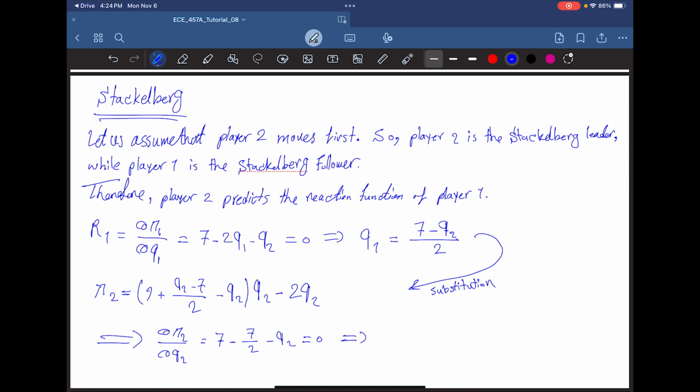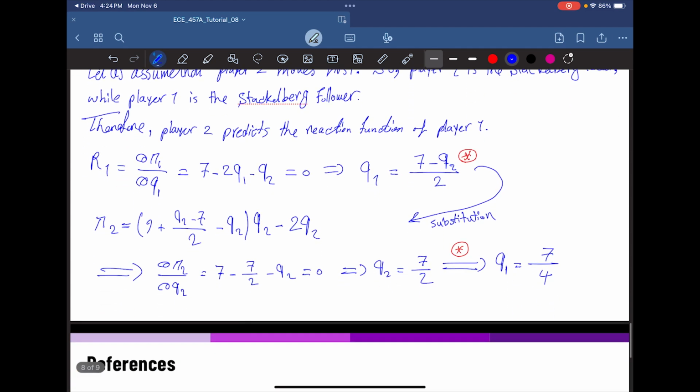Therefore, Q2 is equal to 7 over 2. And because of this, we can say that Q1 equals 7/4 with substitution. All right.